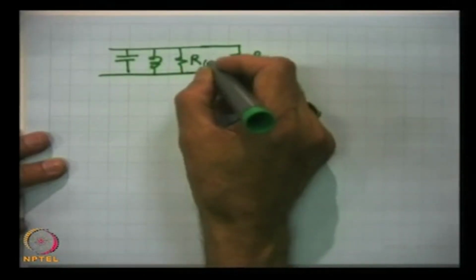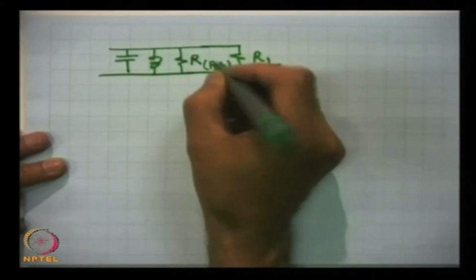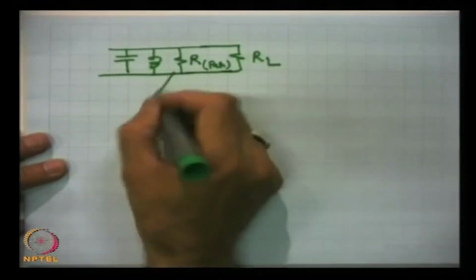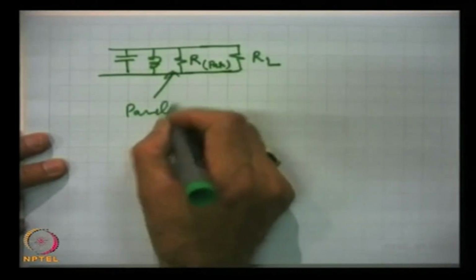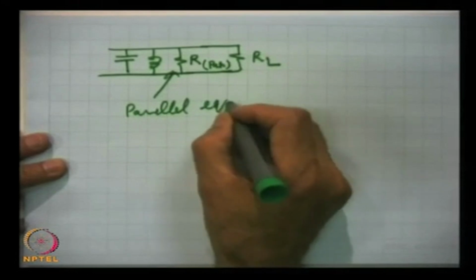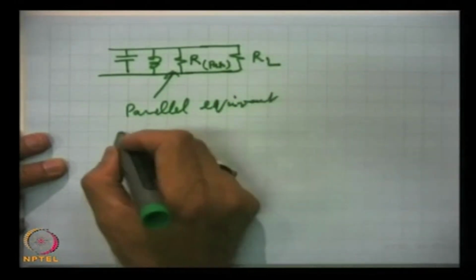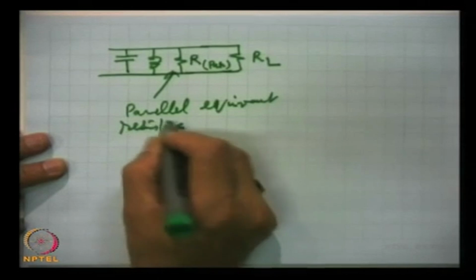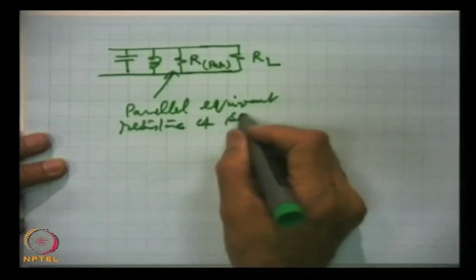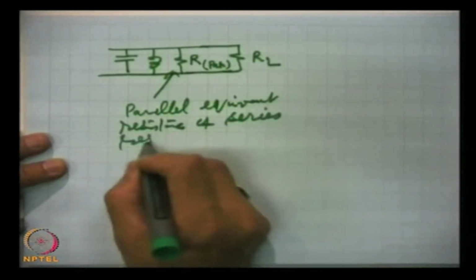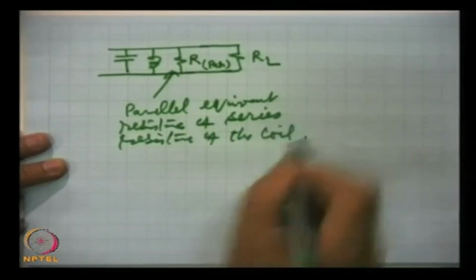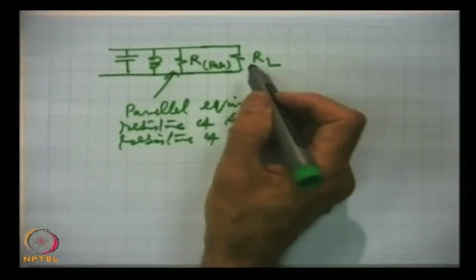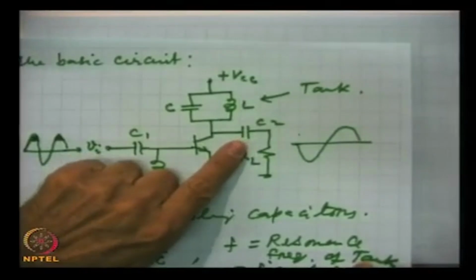So we write R_PAR. This is the parallel equivalent resistance of the series resistance of the coil, and this is the load. When we do the AC analysis, then this we have to take as short.